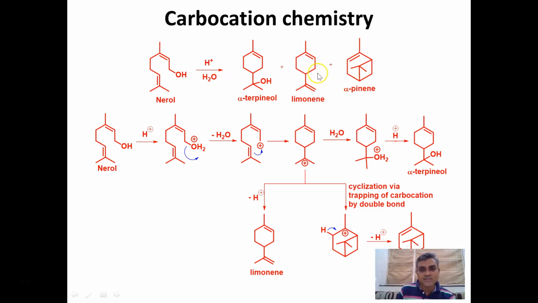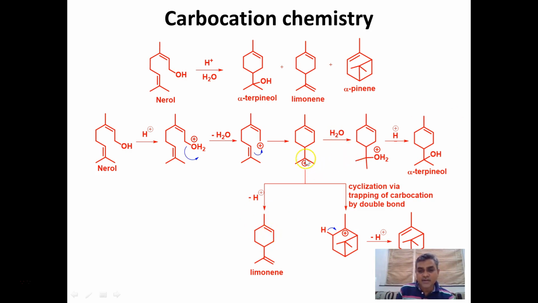So here we will see how these two are formed. We have already seen how alpha terpineol is formed from nerol. Nerol is protonated, we get a carbocation. The carbocation is trapped, we get a tertiary carbocation, and it reacts with a nucleophile, and we get alpha terpineol. Now this tertiary carbocation has various options. The first option is that it can lose a proton from this carbon atom, and we get the limonene molecule, which is present in sweet lemon.